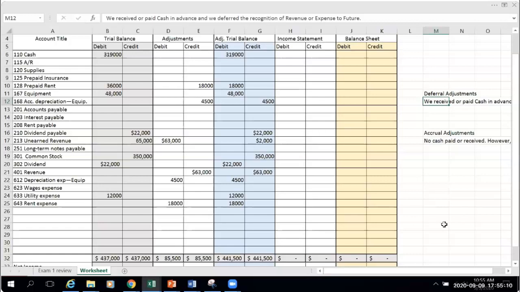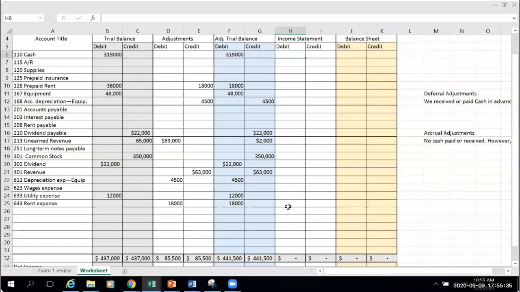Okay, so the next step is preparing the income statement and balance sheet in the worksheet to see what's going on, at least as a preview. Okay, so let's look in the worksheet. In the income statement, I need only revenue and expense.